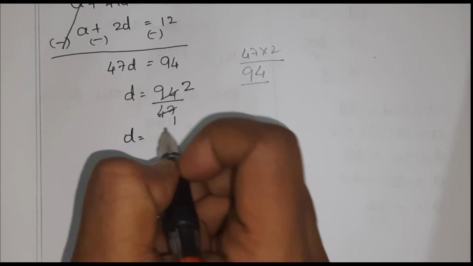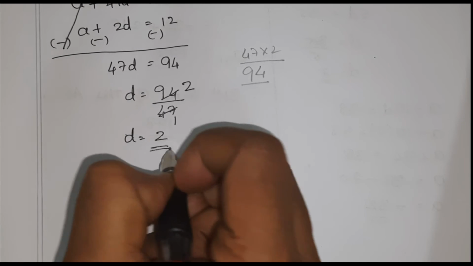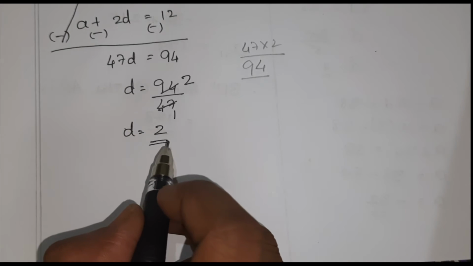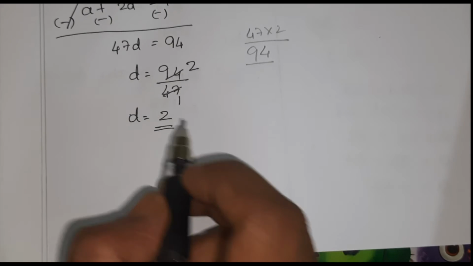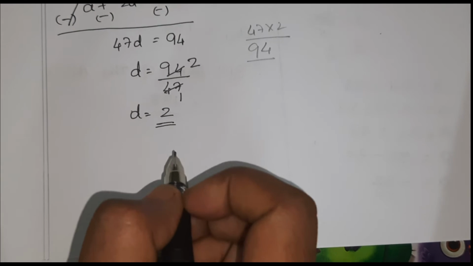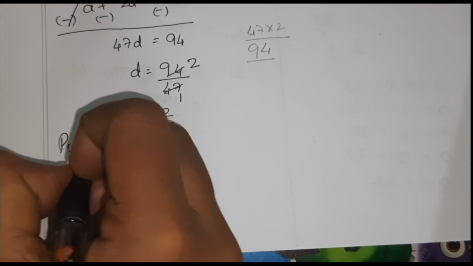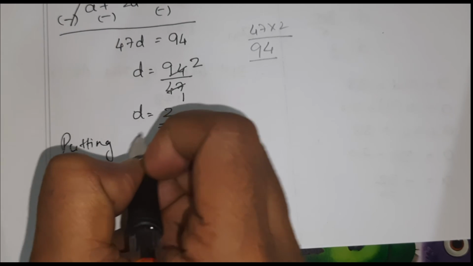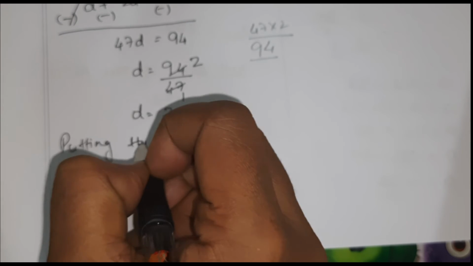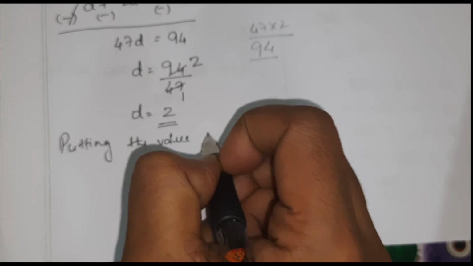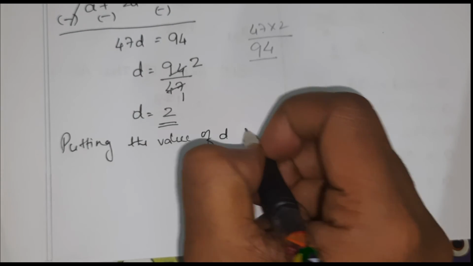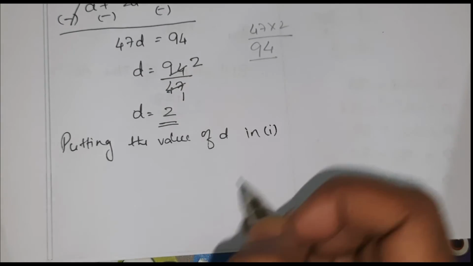So D is 2. Now we found the difference D. By putting the value of D in the first equation, we'll find the A value.